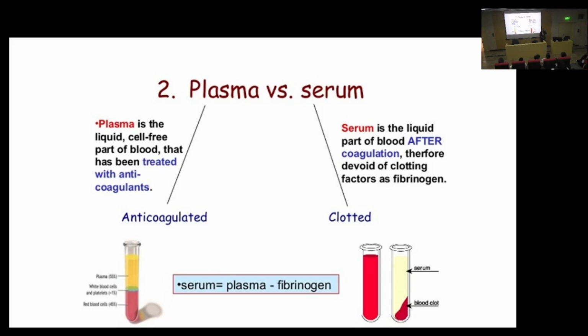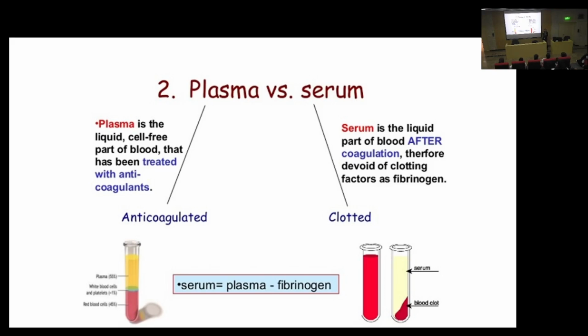All right? So if you have a tube, you collect blood in it, and if you assume that the tube has no anticoagulant, what will happen to the blood? It will clot. And eventually it will separate, even if you take plasma and put it without the centrifuge, it's just going to take a longer time.